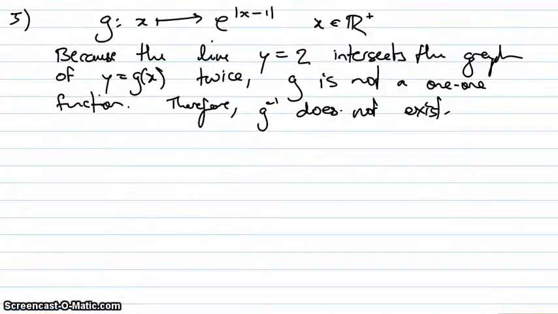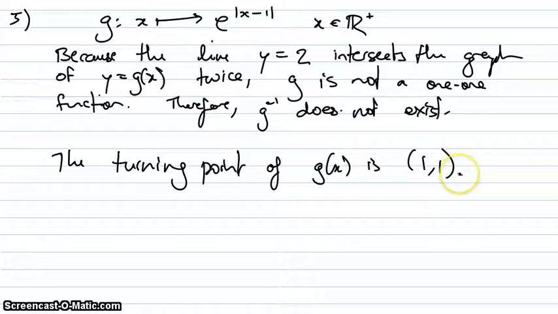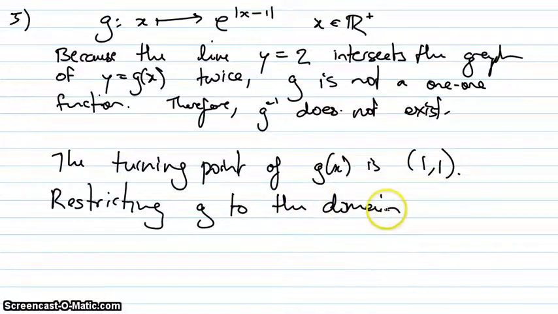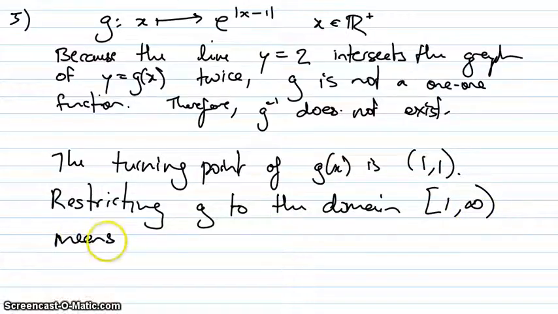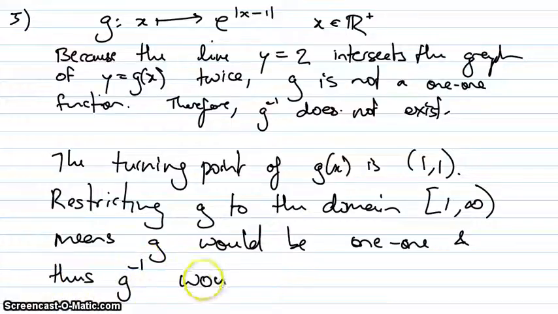So what should we say? Well, we can say the turning point of g is 1, 1. Restricting g to the domain (1, infinity) means g would be 1-1, and thus g inverse would exist.